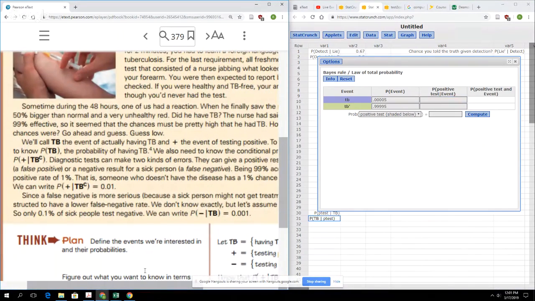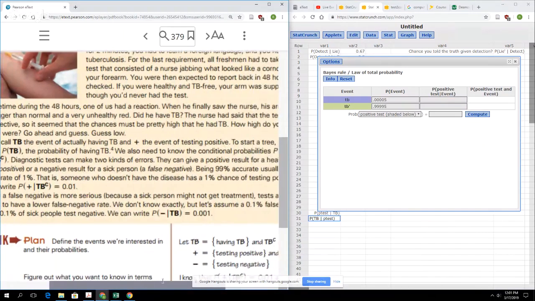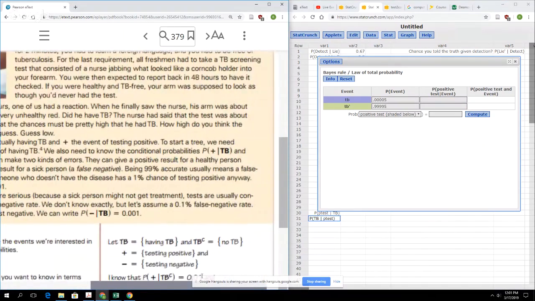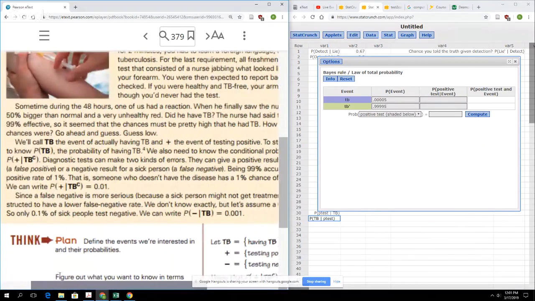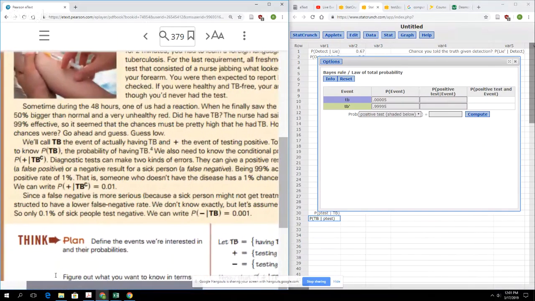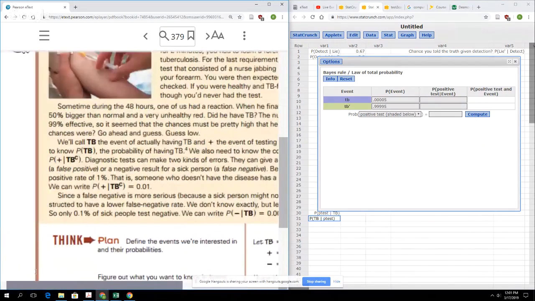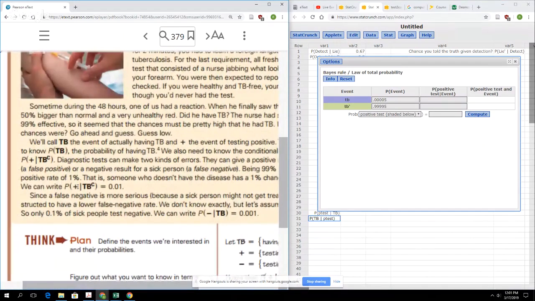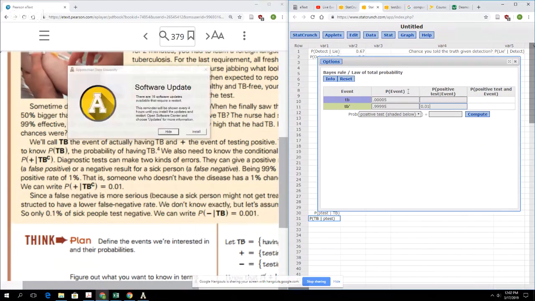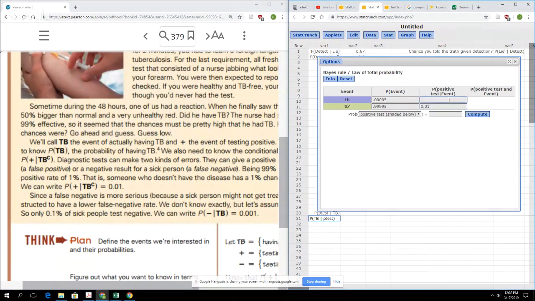So positive test given that you have TB, and positive test given that you don't have TB. So a positive test given that you don't have TB, that probability is 0.01, which makes this probability 0.99.